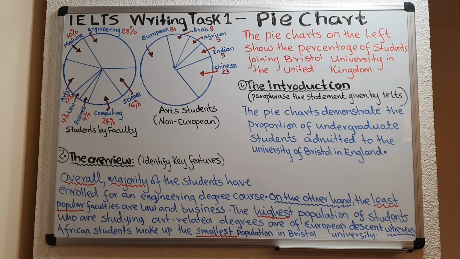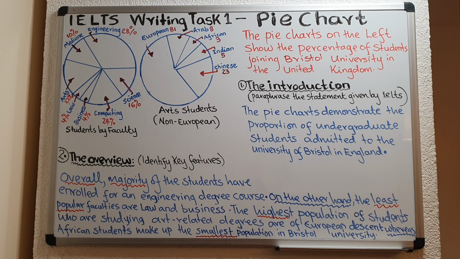When it comes to your marking of task 1, you will be marked on task achievement, which means that you should respond to all the parts of the question. You will be assessed on coherence and cohesion.